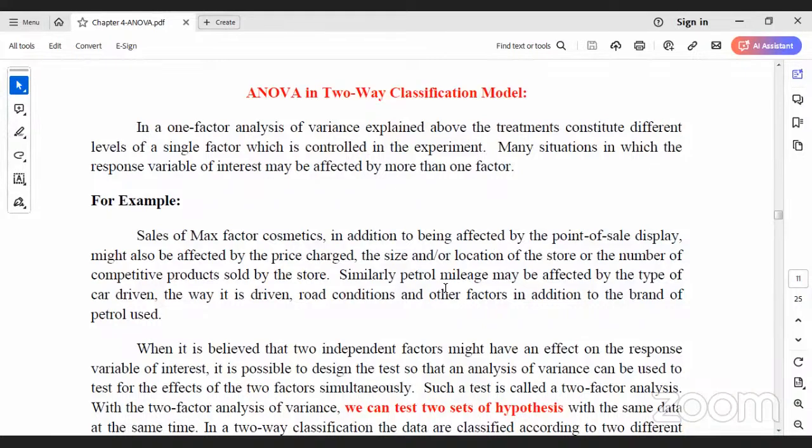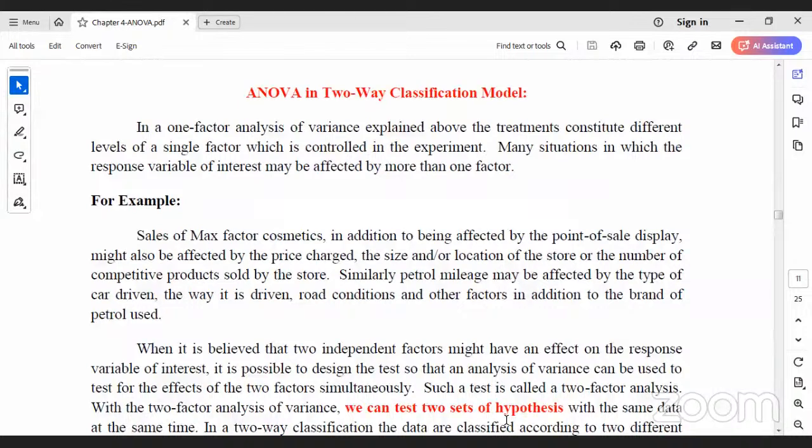Why? Because of the demand for that product and the non-availability, the scarcity also. Based on the scarcity, the price will depend. So here two factors will be there.